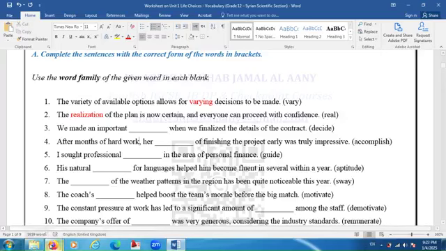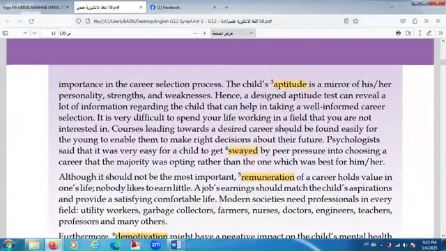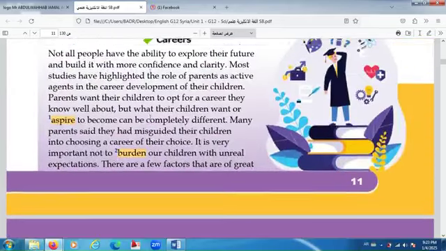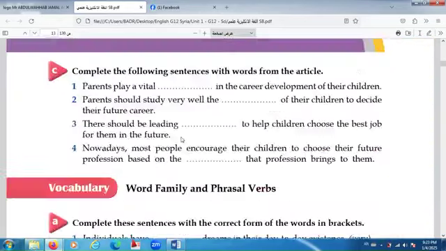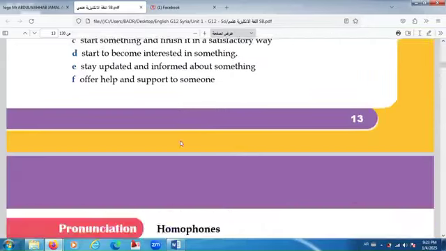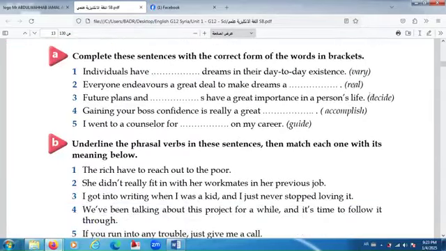By the way, I took the words from the text. Do you understand me? I took those words, okay? Vary, real, decide, accomplish, guide, and so on. But I changed and took other sentences.